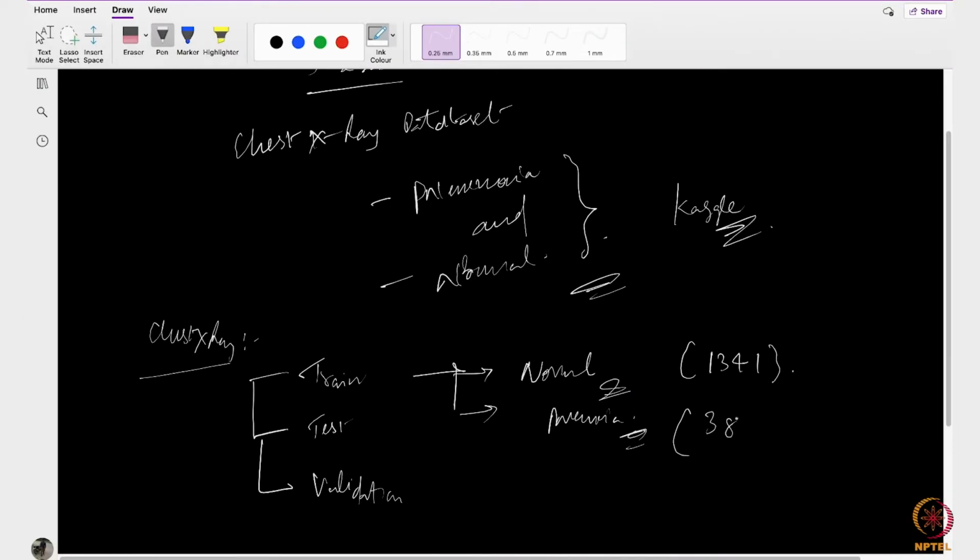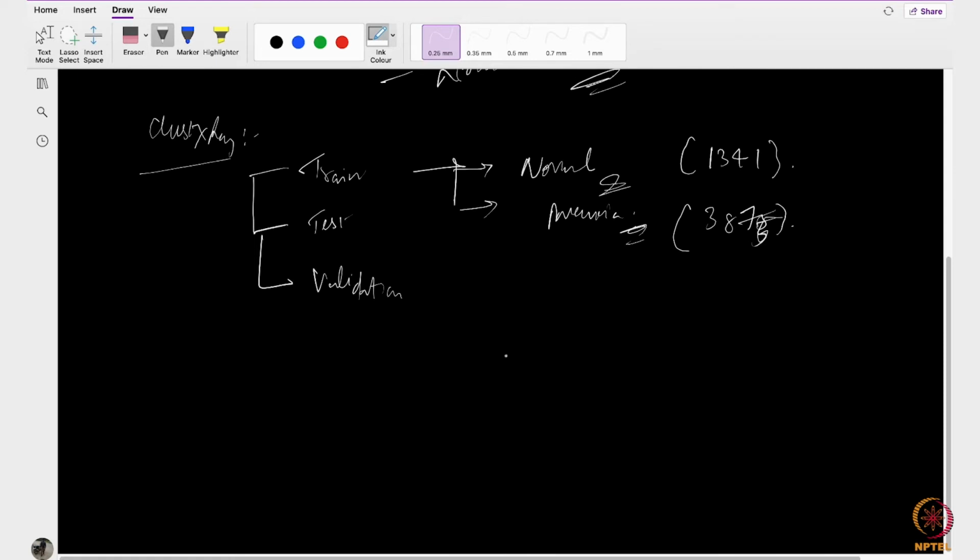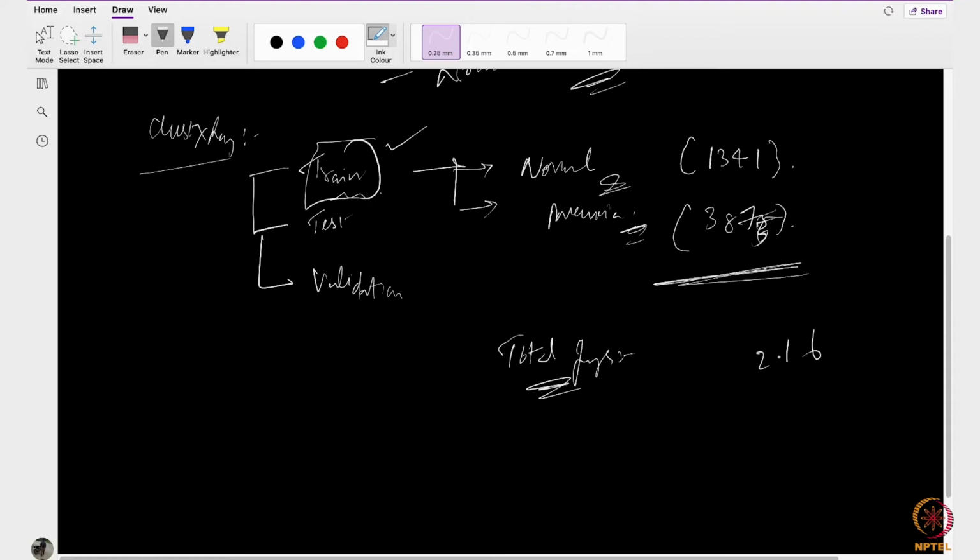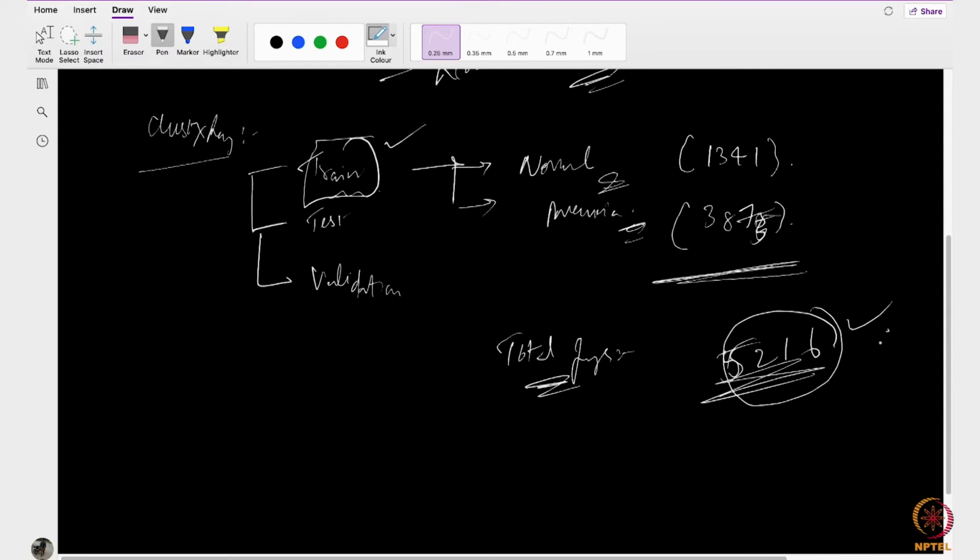So the total images in the entire training data folder is 1341 plus 3875. The sum of these two numbers is 5216. Okay, just remember this one.